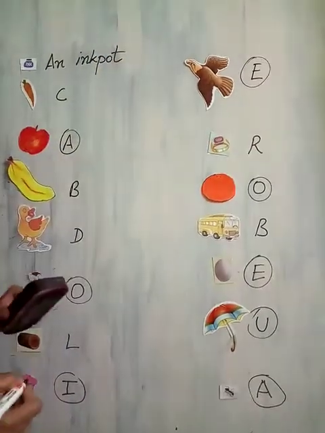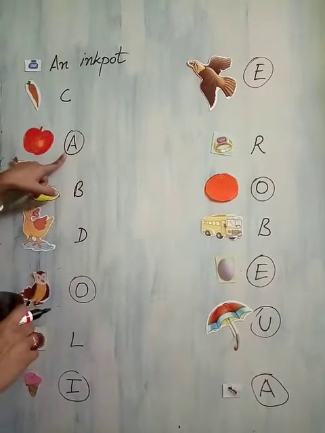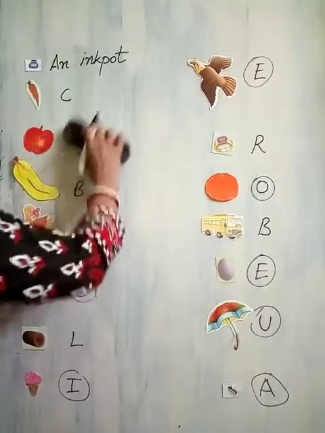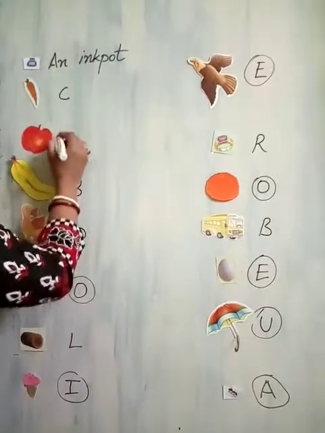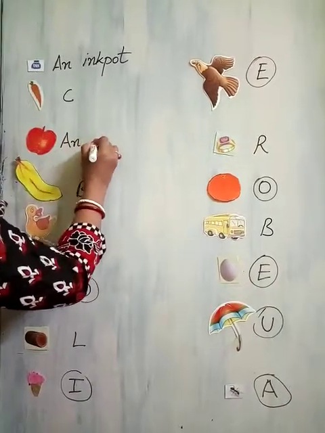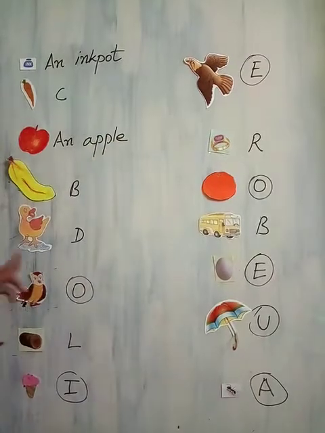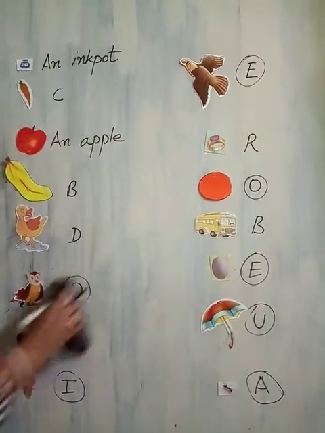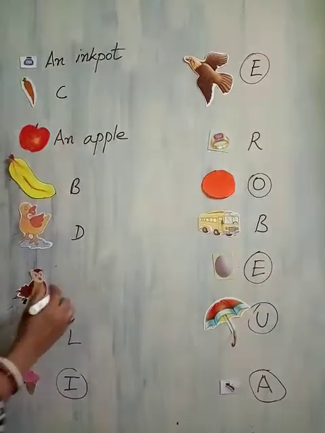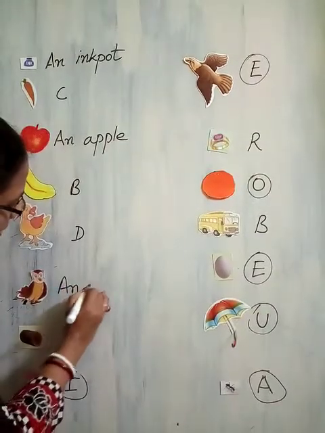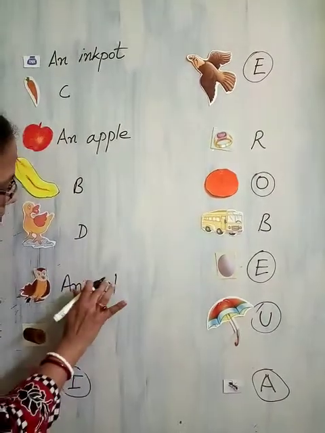Again, A is a vowel, so I am going to write an apple. Again, O is a vowel sound word, so I am going to write an owl.